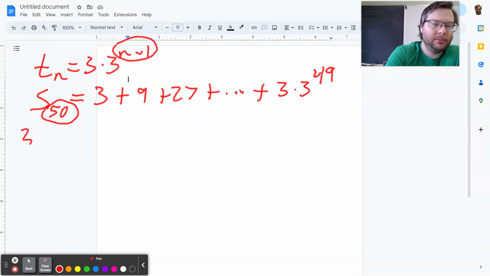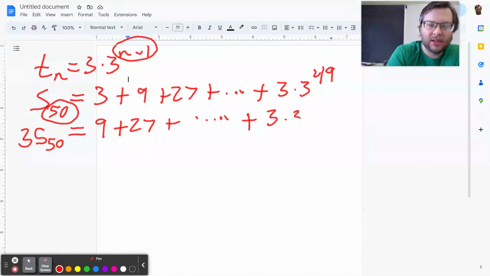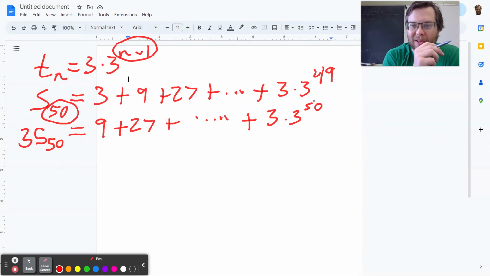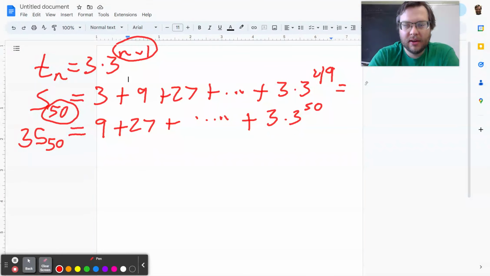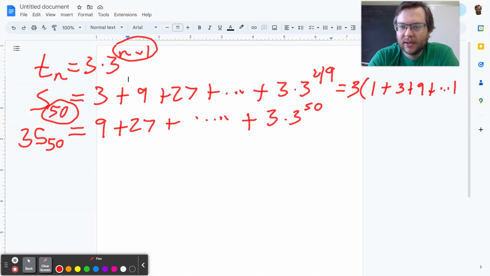What I'm going to do is multiply it all by 3. 3 times S50 is going to be 9 plus 27 plus a bunch of terms I don't care about plus 3 times 3 to the 50. All of those terms have a 3 in common. So I can pull it out and write my terms like this now. My original one was 3 times (1 plus 3 plus 9 plus 3 to the 49).